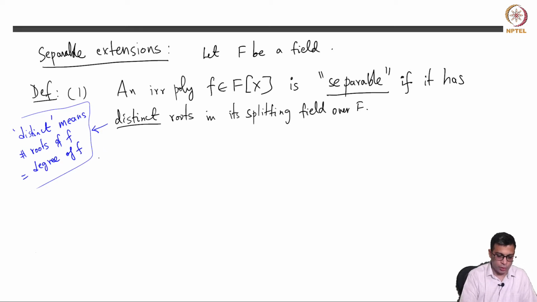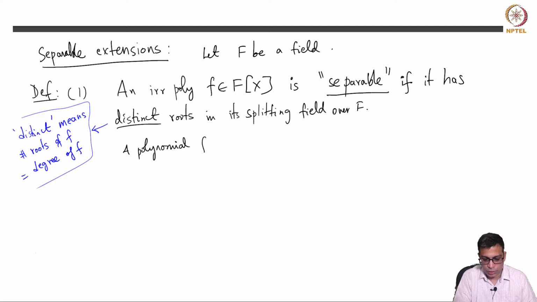Okay, just before I go to the second definition, though we rarely talk about a polynomial being separable, I want to define that to be able to state the next theorem most conveniently. So a polynomial, I have now omitted the irreducibility condition. So here I take irreducible.